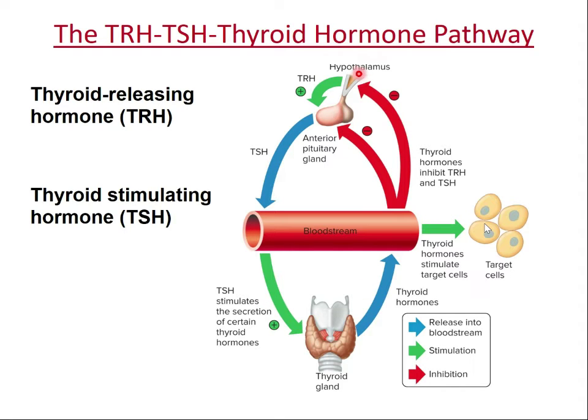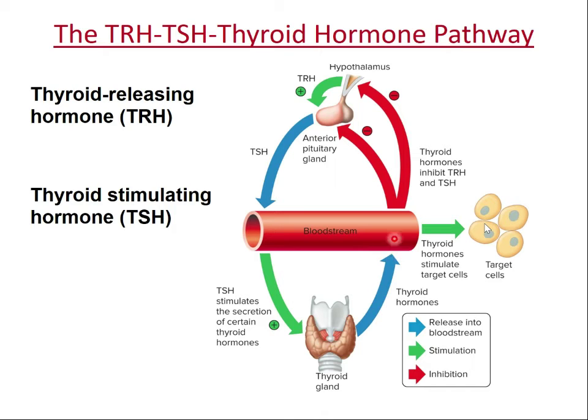The hypothalamus will release thyroid releasing hormone, TRH, and that will release TSH, thyroid stimulating hormone, from the anterior pituitary into the bloodstream, and from the bloodstream it will reach the thyroid gland, and it will produce thyroid hormones that will now stimulate the target cells for its function.